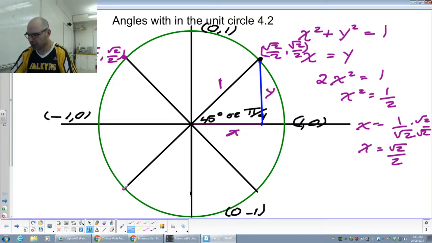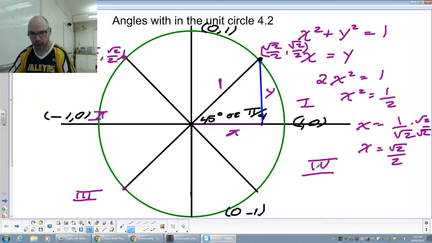It has a negative x because it's going left and a negative y because it's going down in the third quadrant. Remember, this is quad 1, quad 2, quad 3, and quad 4. Okay, so then here we have negative on both of those root 2's for x and y.